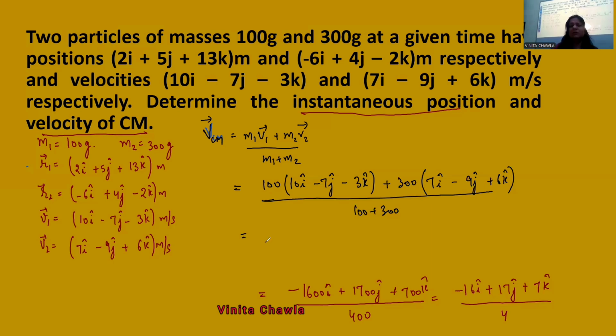ठीक है, तो यहाँ पे आएगा नीचे 400, ये 100 into 400 और ब्रैकेट में 100 कॉमन ले लिया तो 10 i cap minus 7 j cap minus 3 k cap plus 3 into 7 21, 3 into 9 27, 3 into 6 18.